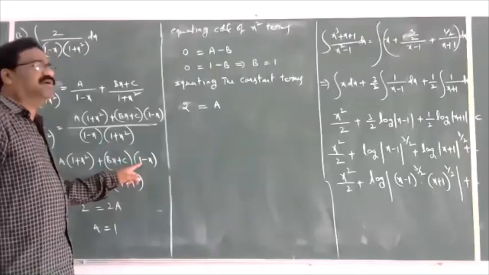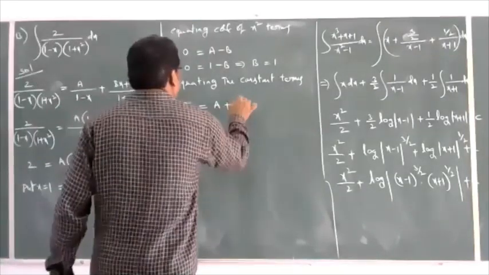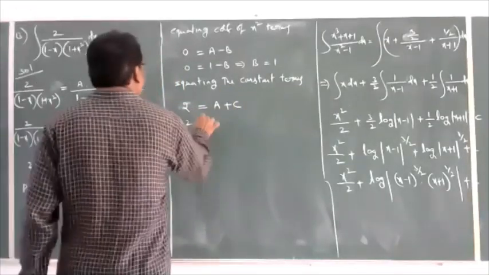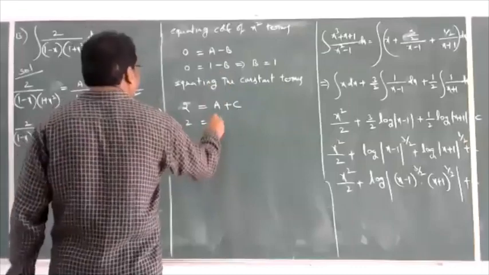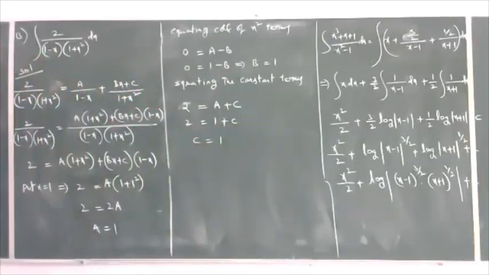C into 1 is the constant term, that is C. So 2 is equal to A, which is 1, plus C. That is C is also 1. A is 1, B is 1 and C is also 1.